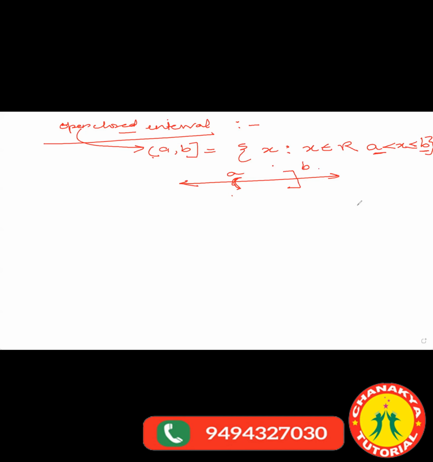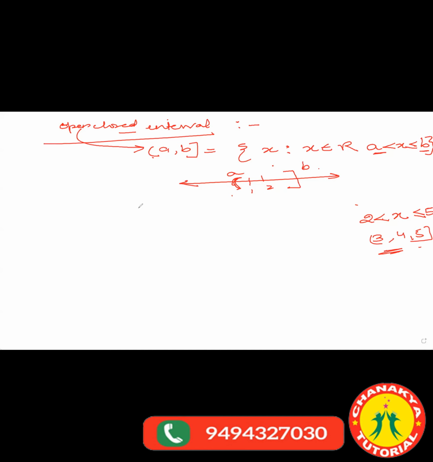A you will not include. Or I can take another example. 2 is less than X less than or equal to 5. So how will you write this, beta? 3, 4, 5. Yes, you will write 3, 4, 5. This is your open closed interval. Clear, beta? Yes, ma'am. All have understood this thing?